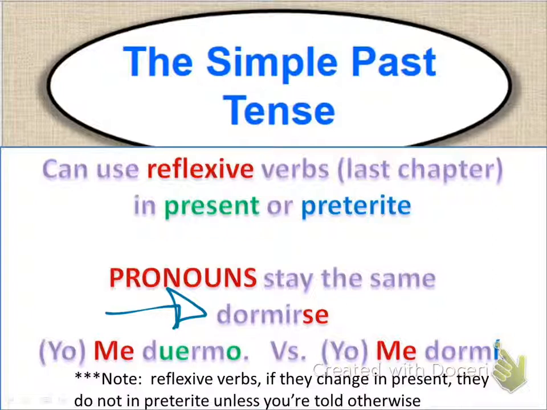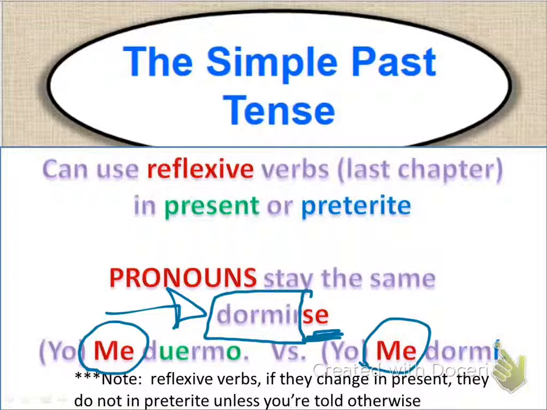The reflexive part there tells us that we need a reflexive pronoun. Both in the present and the preterite, we're going to have a reflexive pronoun. That will stay exactly the same. What you're going to do is, when you're looking at dormir, that's what you're going to change to present or preterite, depending on what you want to do. If you're using present tense, you're going to make a UE change, and you're going to use a present tense ending.